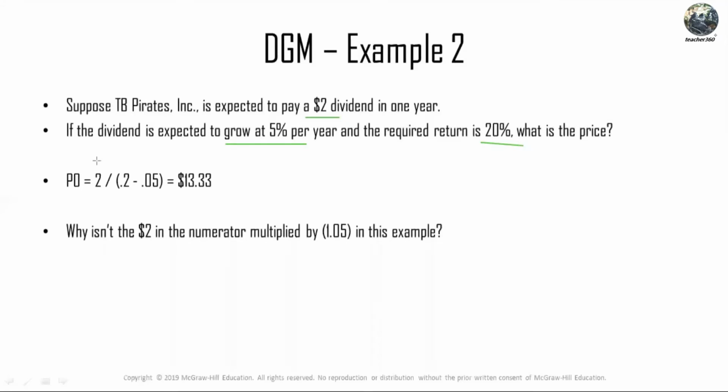So we can write D1 equals $2, divided by your required return, 0.20, minus your growth rate G, which is 5%, 0.05. So through calculating, we get 13.33.